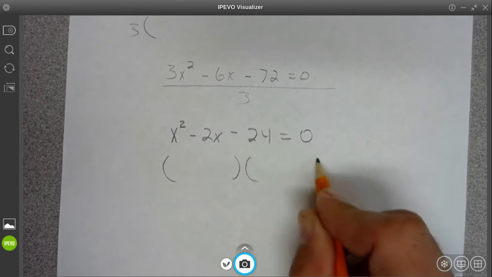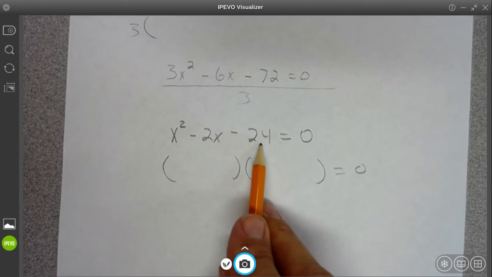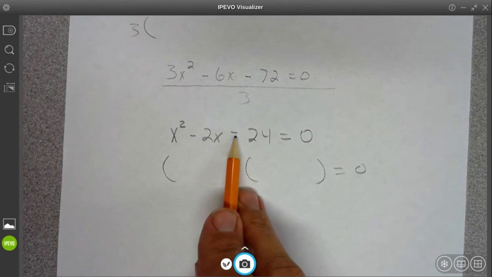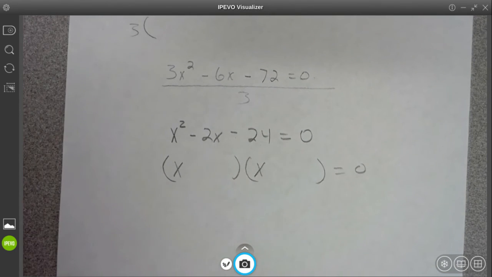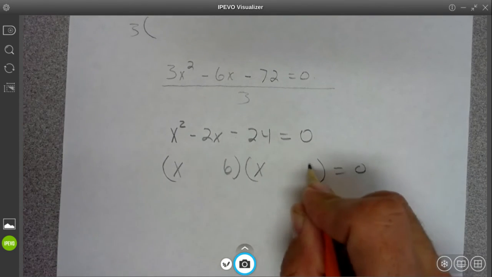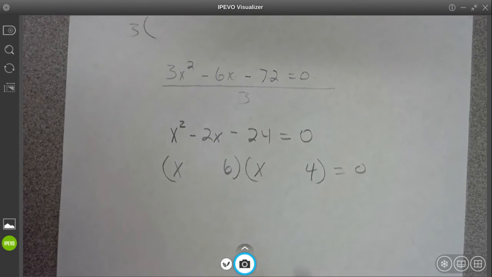Now, find two numbers that multiply to 24 and subtract to give you 2. Let's see, 2 and 12, 3 and 8, 6 and 4. There we go.